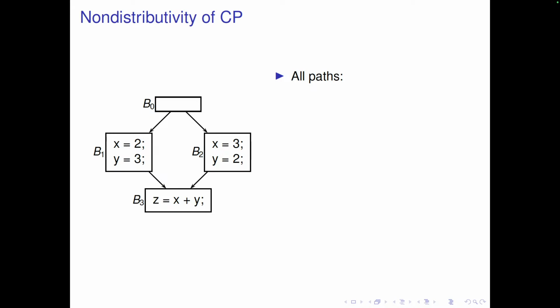This is block-based analysis. Path-based analysis says: I take this path, x is 2, y is 3, z is 5. I take this path, x is 3, y is 2, z is 5. Along this path z is 5, along that path z is 5, I combine the information, z is constant 5. So for path-based analysis, this is the correct answer and this is the wrong answer. For block-based analysis, this is the correct answer.